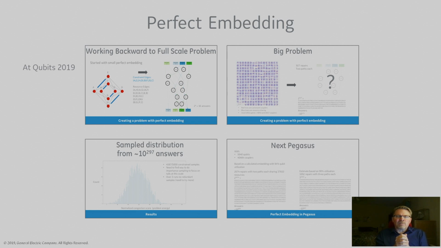And then we were restrained on the number of resources that could be shared between those. So right, we're trying to minimize the congestion on these resources. So we could only do two paths contending for one resource.